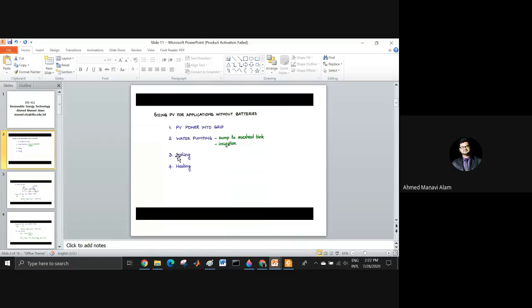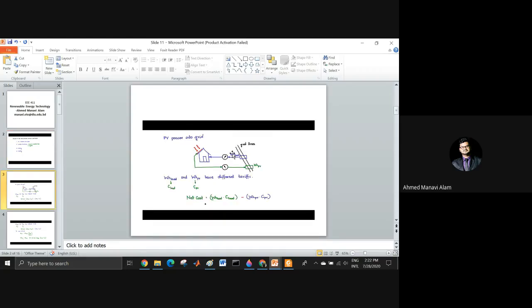You can use it for cooling, for heating, anything. The main thing is you have to integrate your PV cell with that device, and how well you can integrate it determines your success. Now going to the next slide.